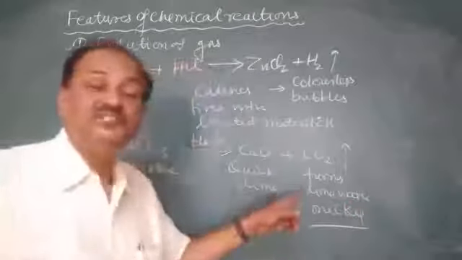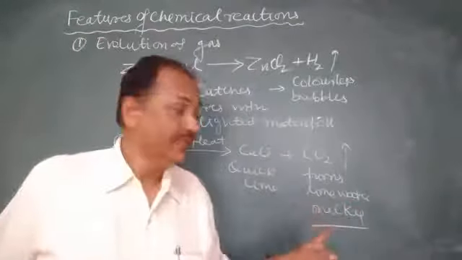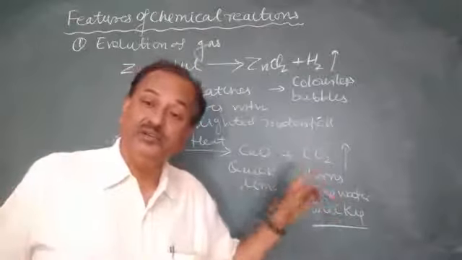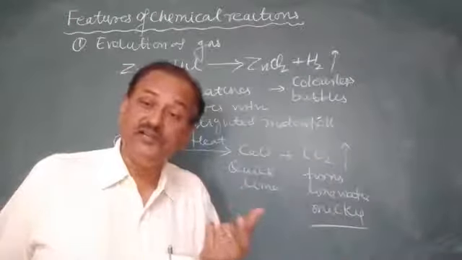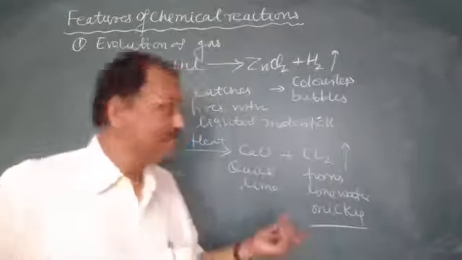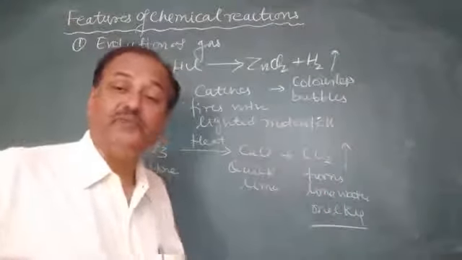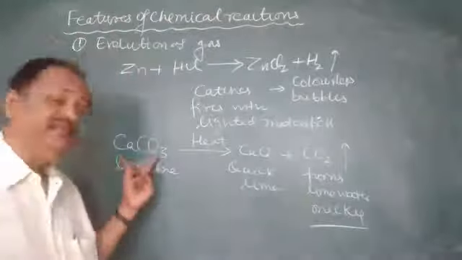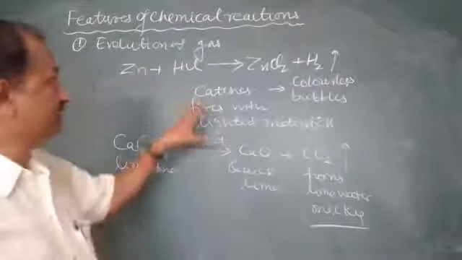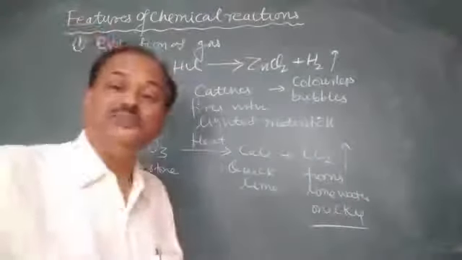When we pass this CO2 gas through lime water, the lime water becomes milky. It indicates that CO2 gas has been produced on heating limestone. So this is the first feature, that is, evolution of gas.